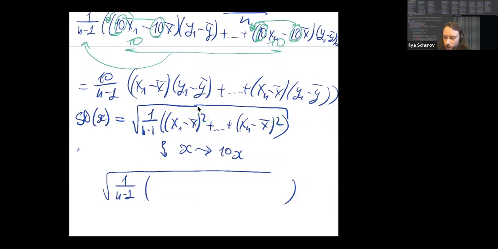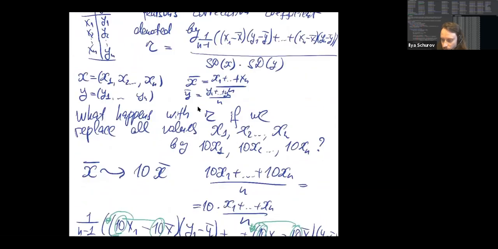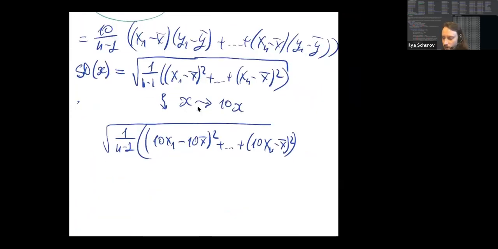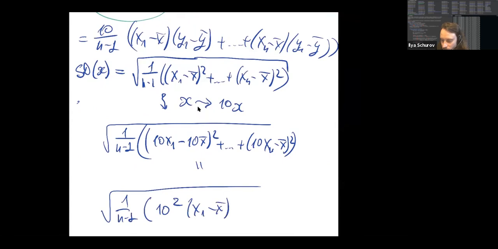If we write it down like this, we have the same thing as 10 to the power 2 times x1 minus x bar to the power 2, and so on here.